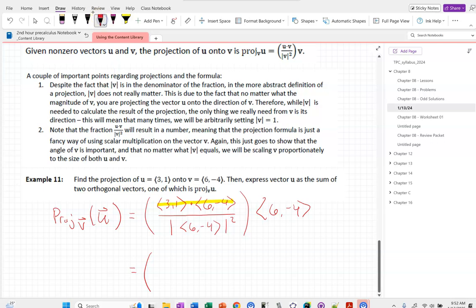How do I do a dot product of two vectors? What's the formula for doing that? So the dot product is the product of the x components, so 3 times 6, plus the product of the y components, 1 times negative 4. Is everybody okay there?